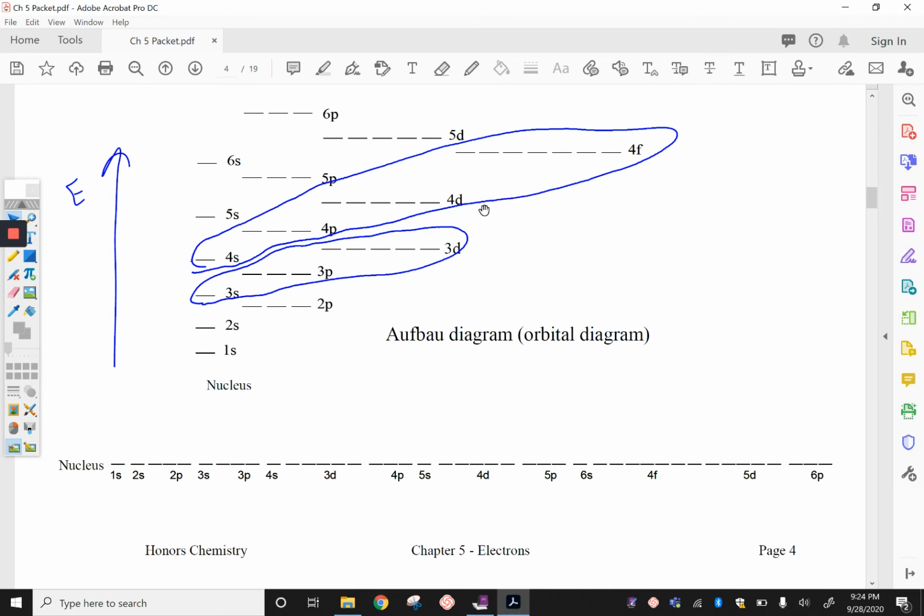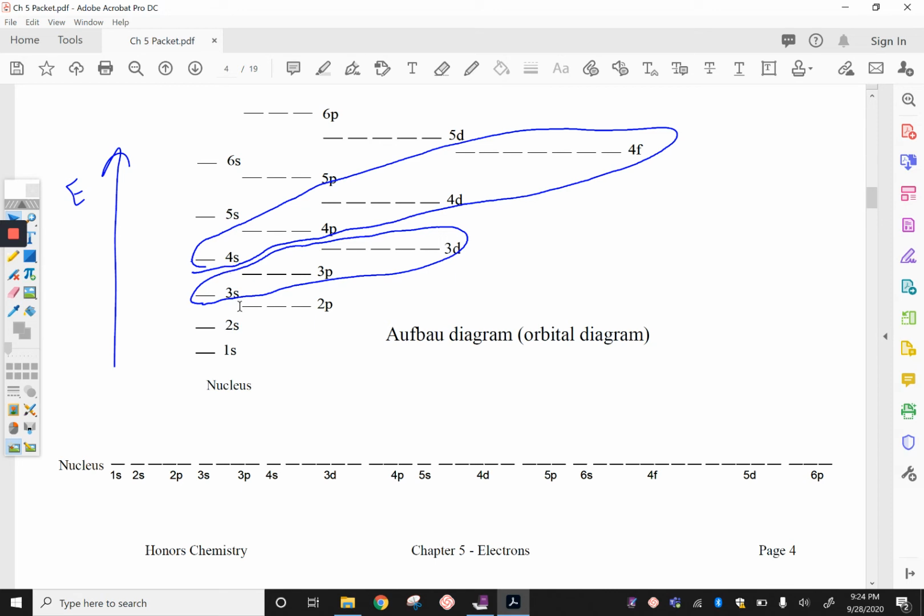So on average, the 3rd energy level as a whole is lower in energy than the 4th energy level as a whole. But the 3d sublevel has such high energy that it surpasses the 4s. So the highest sublevel in the 3rd energy level is a little bit higher in energy than the lowest sublevel in the 4th energy level.